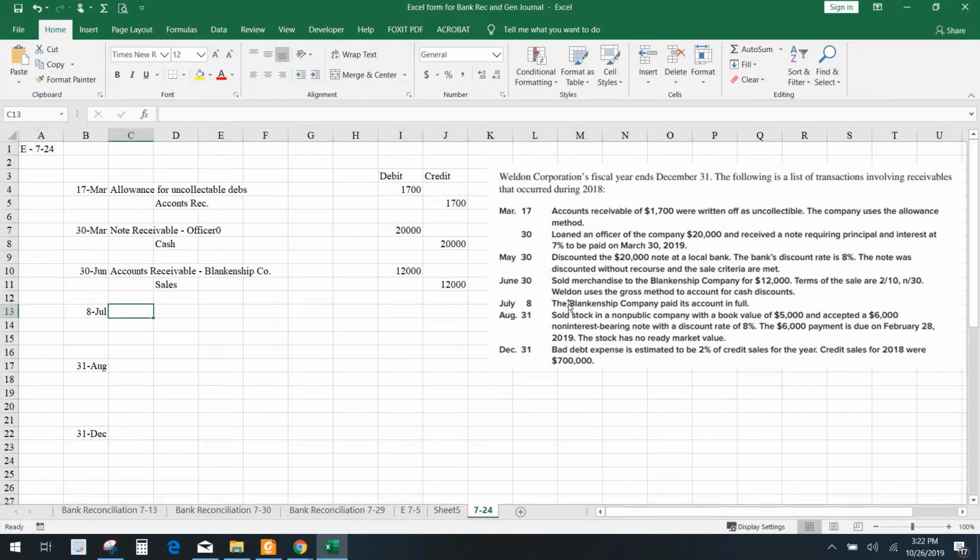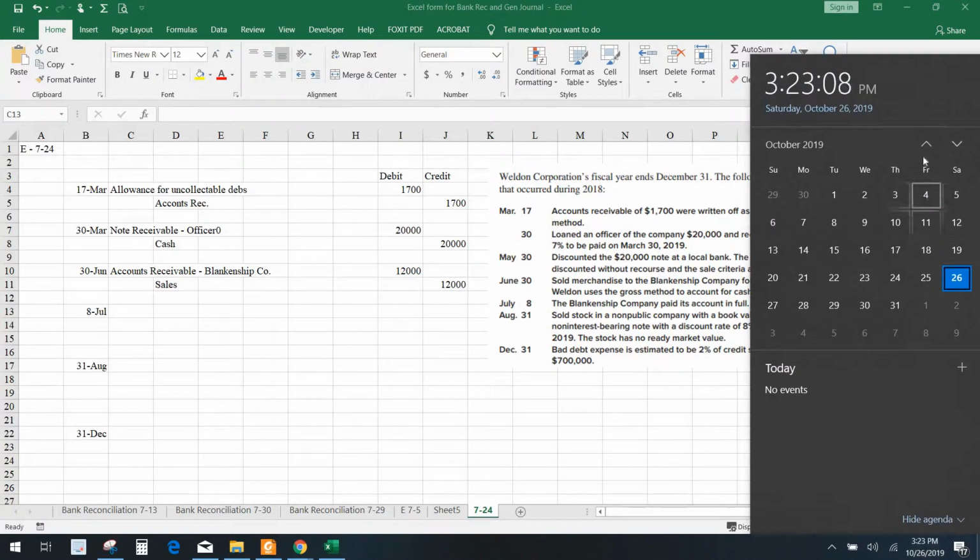Now, July the 8th, the Blankenship Company paid its account in full. So they paid the entire amount, and we have to determine if it's within the discount period. June the 30th, 10 days from there would be July the 7th, I believe. I'm going to have to actually look at a calendar.